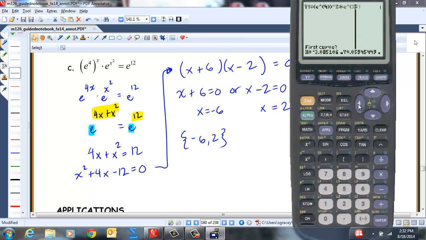I should have adjusted the window first. Well, at least it's adjusting on its own, right? Almost there. Actually. Okay. There we go.